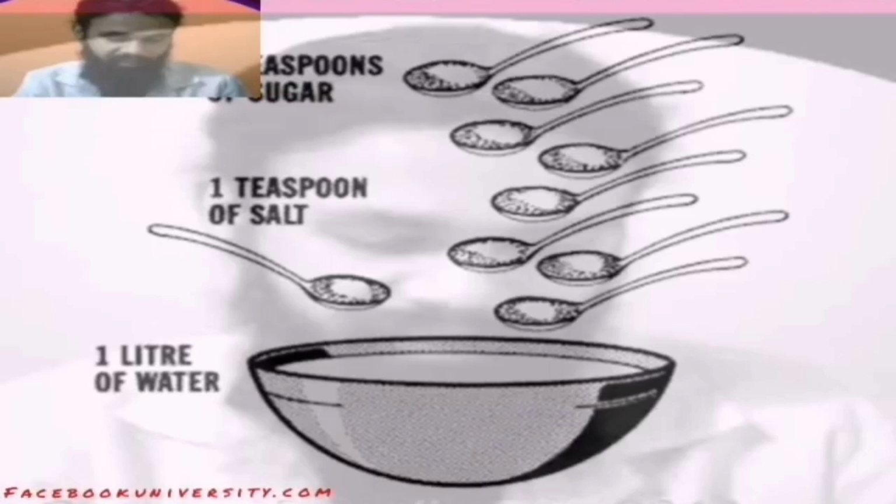And homemade solutions like ORS: 8 teaspoons of sugar, 1 teaspoon of salt, and 1 liter of water. Just this much. You should also note that you should not take more than 1 teaspoon of salt in 24 hours.